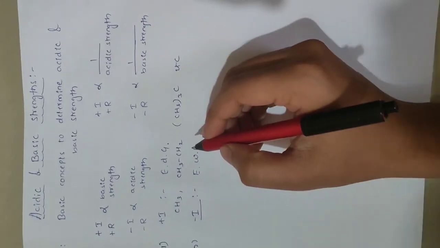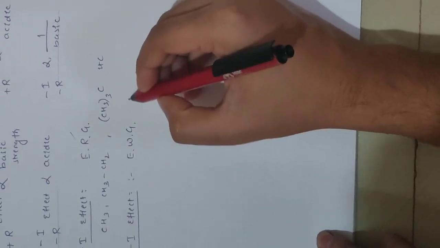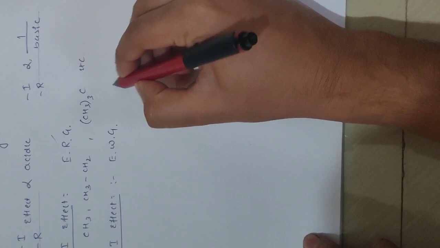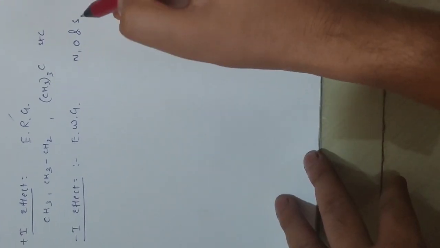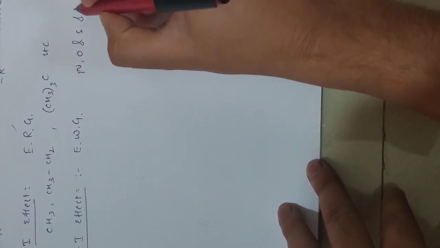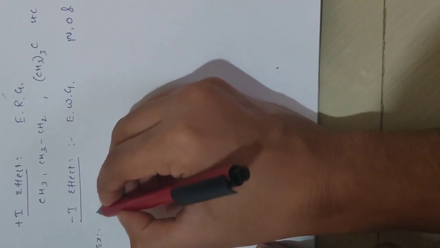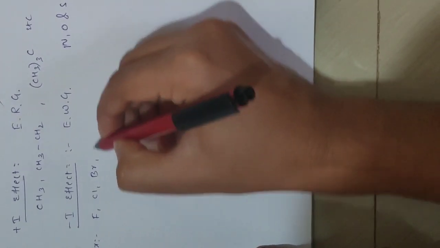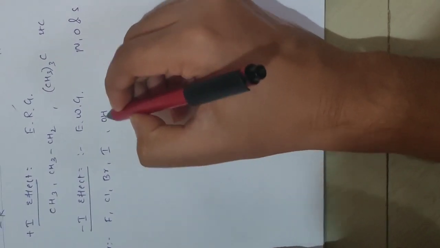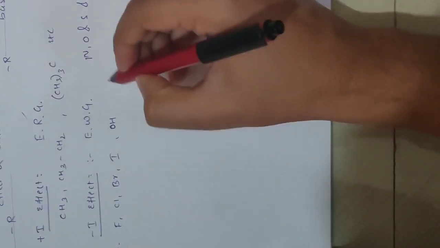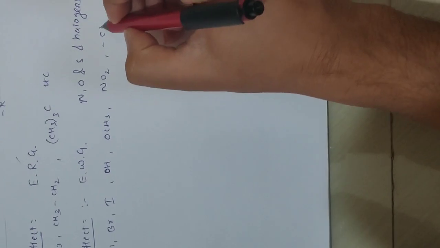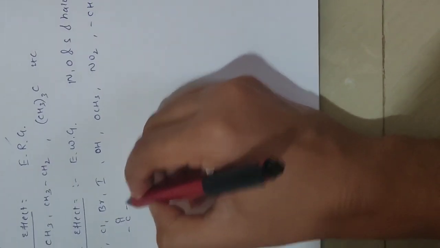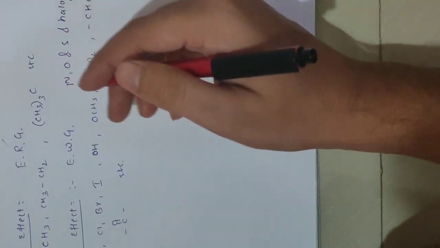Other than alkyl groups, electronegative elements like nitrogen, oxygen, and sulfur attached to carbon atoms also show the minus I effect, and halogens are also included: fluorine, chlorine, bromine, iodine, the hydroxyl group, OH, which is also an electronegative element, methoxy group, nitro group, aldehyde group, and ketone group. These all show the minus I effect.